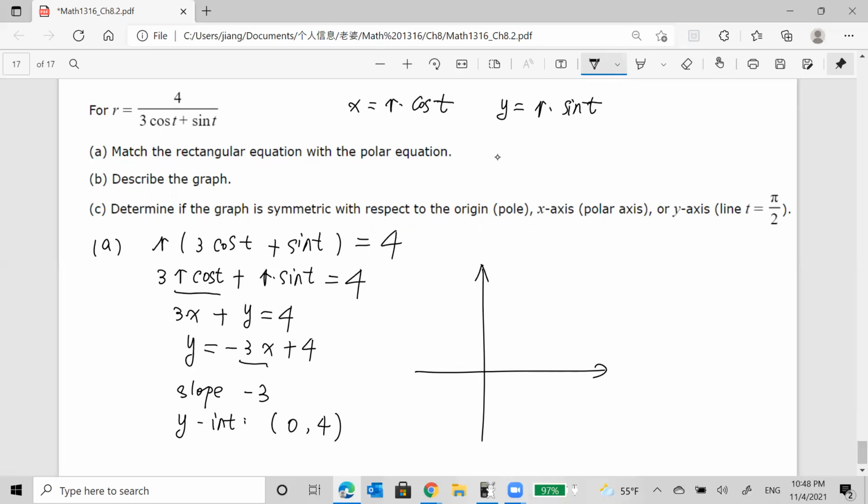The point (0, 4) is here because it's the y-intercept. How about the x-intercept? Let y equal 0. So negative 3x plus 4 equals 0, and then x equals 4 over 3. So this point is 4 over 3. So the graph looks like this.